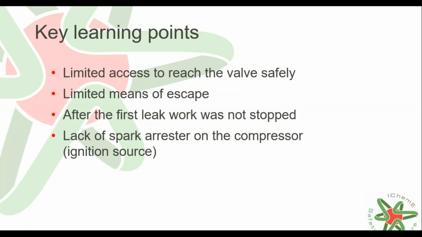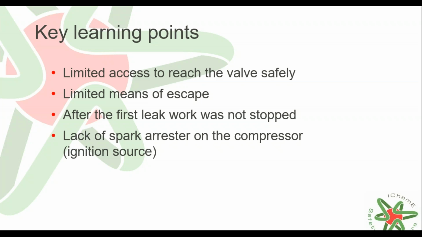The key learning points, and you can add more if you have more on that. A tower scaffold with a working platform and access ladder had been erected for work on the valve, but due to access restrictions, it was necessary to climb over or under it. This seriously limited the route of escape.